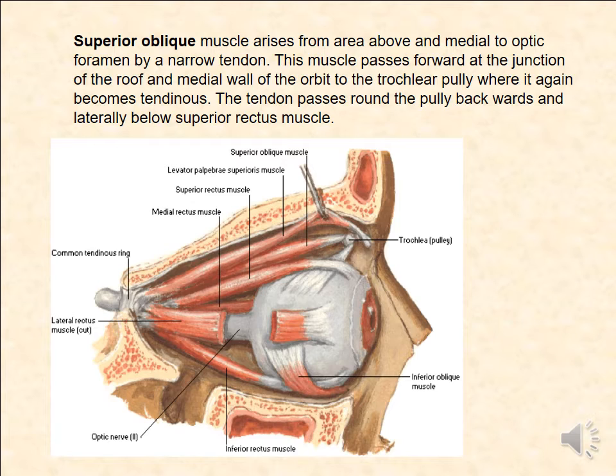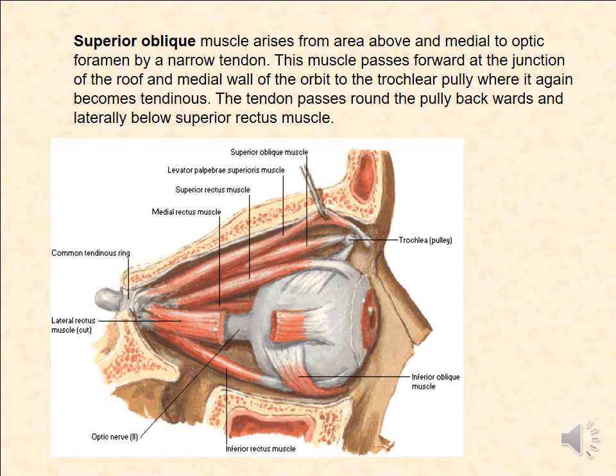The superior oblique muscle has its origin from a tendon above the optic foramen. It runs between the roof and medial wall of the orbital cavity and reaches the anterior side of the orbital cavity at the medial junction between the roof and the medial wall.